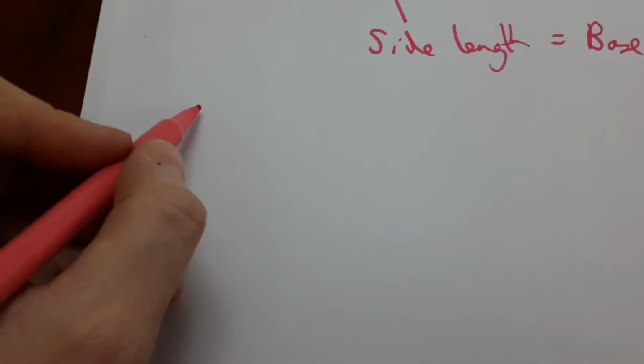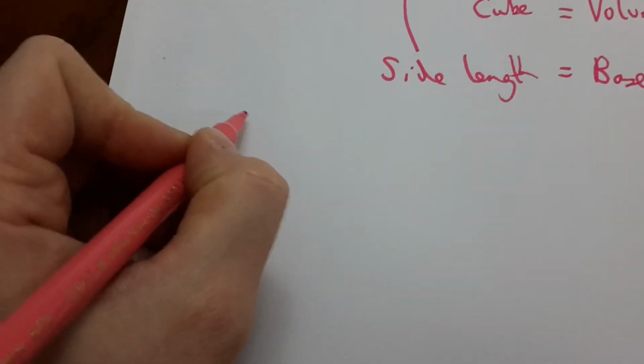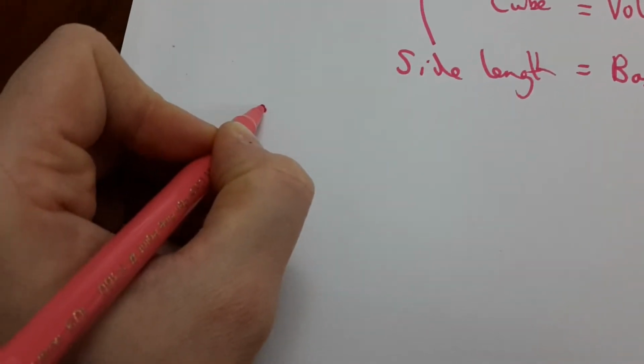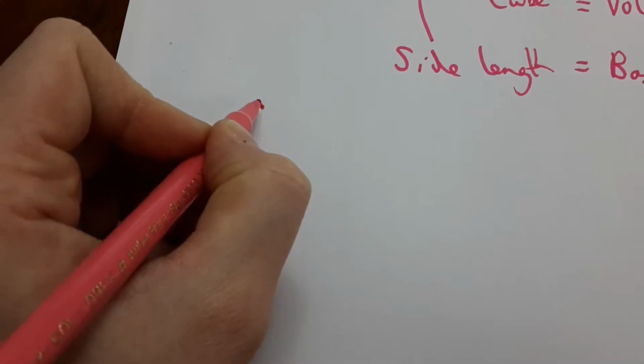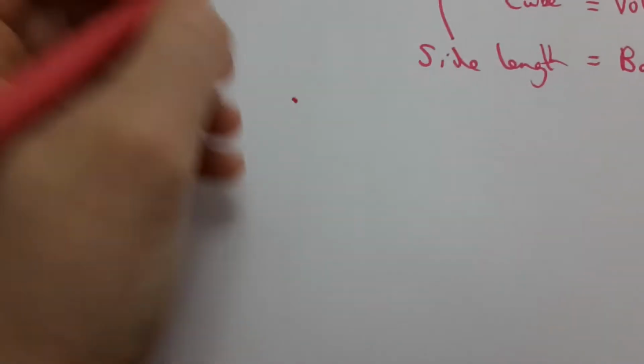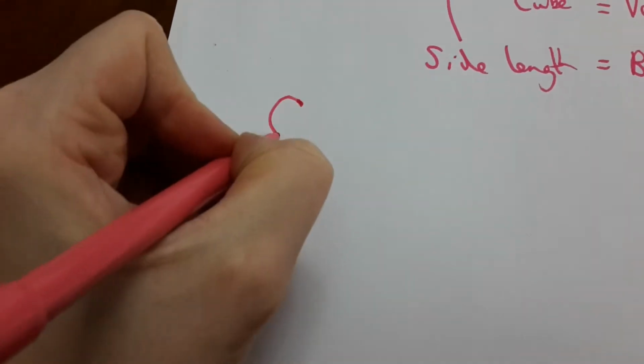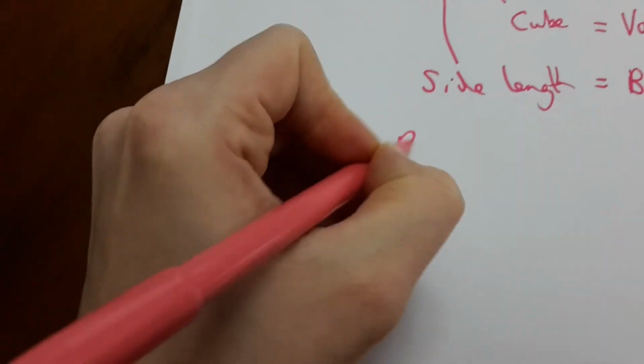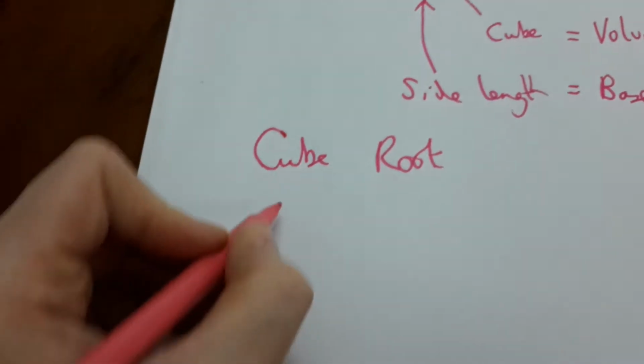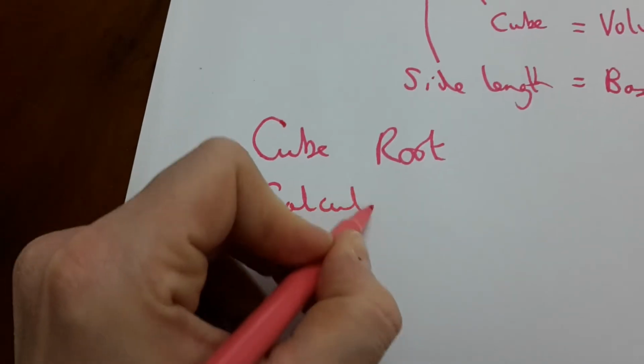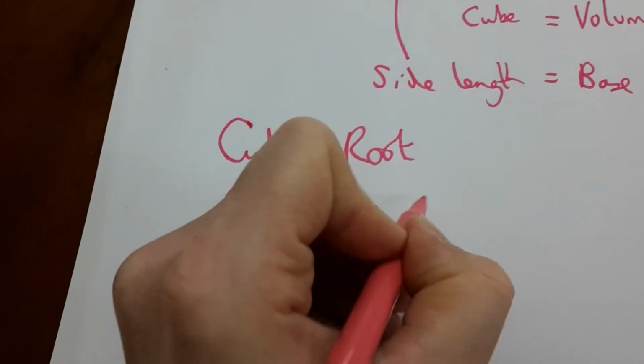The same system works for cube roots. So a cube root will calculate the side length given a volume.